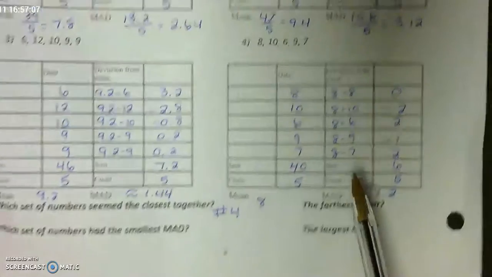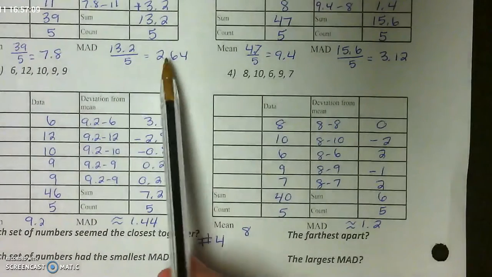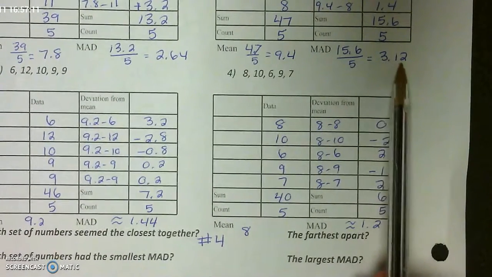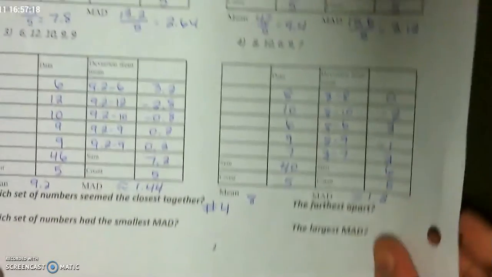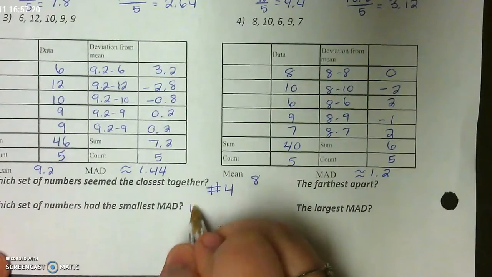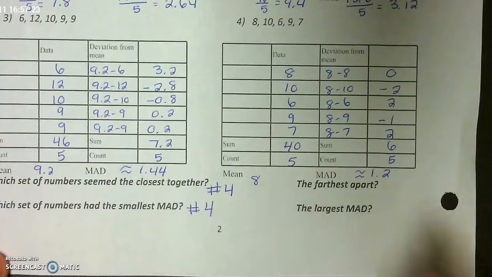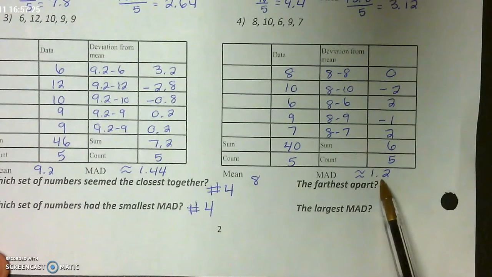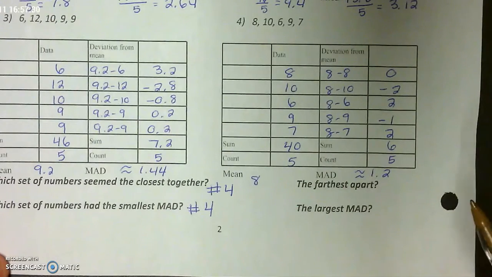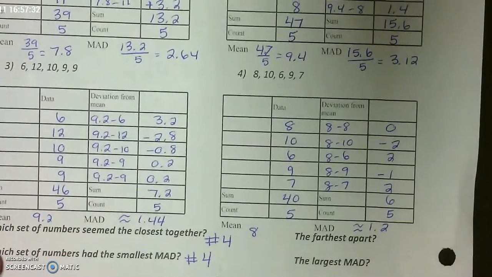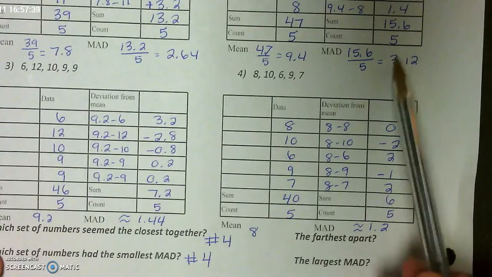Now let's check their mean absolute deviation. This one has 2.64, 3.12, 1.44, and 1.2. So data set number 4, according to the mean absolute deviation, is actually closer. Before, I was saying that the smaller the number, the closer the numbers are together. Now the opposite: the farther apart they are, the larger the mean absolute deviation will be. Looking at all 4, the biggest one is right here.